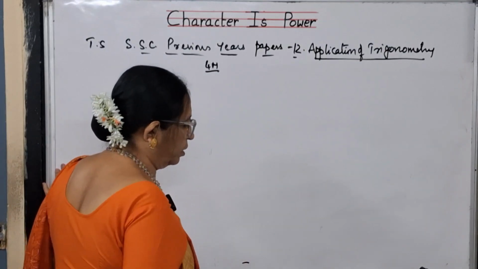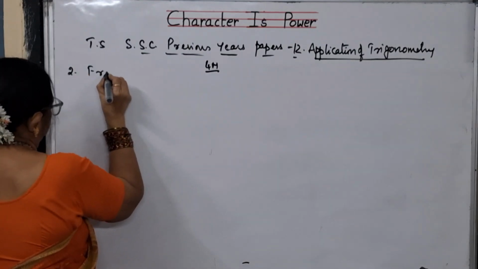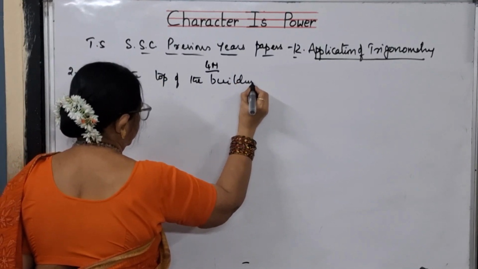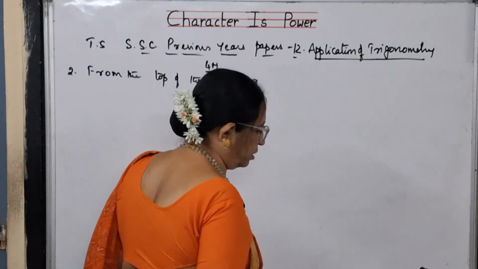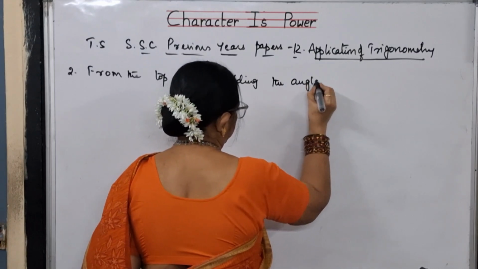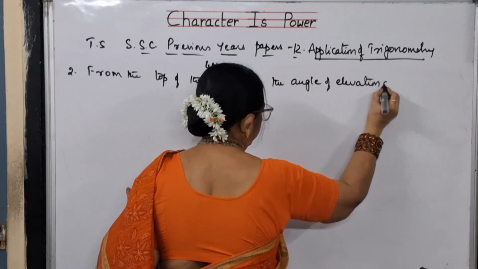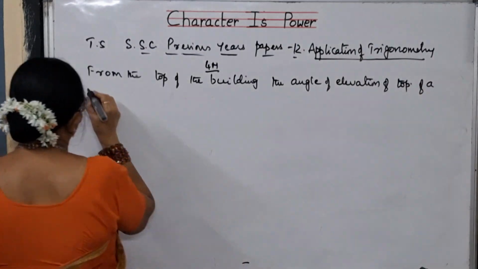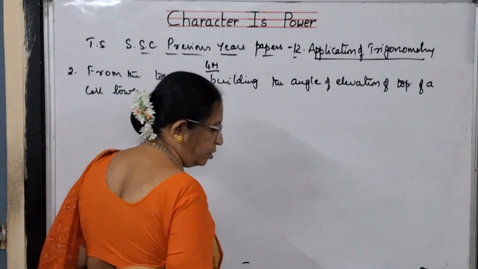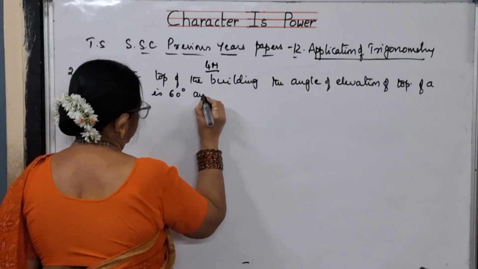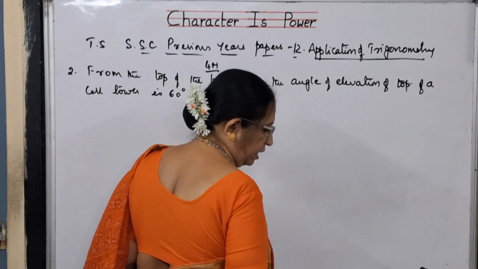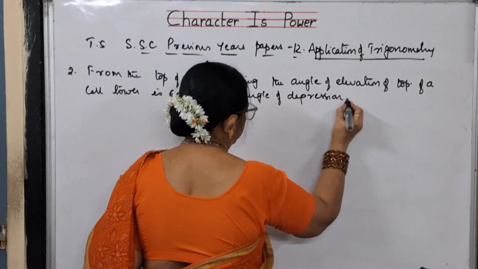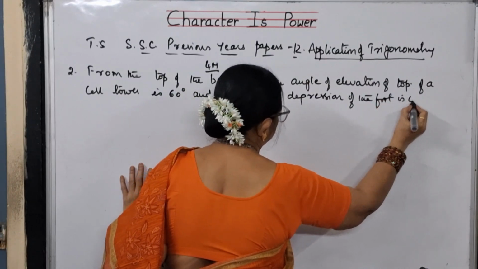Second one, from the top of the building, the angle of elevation of top of a cell tower is 60 degrees and the angle of depression of the foot is 45 degrees.